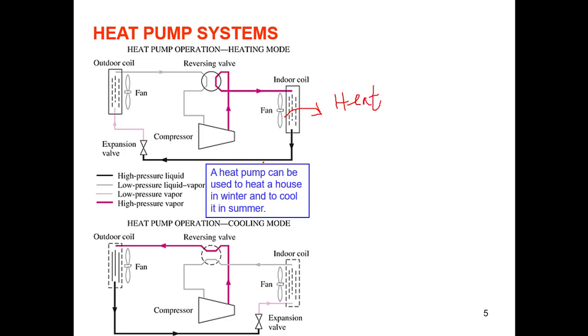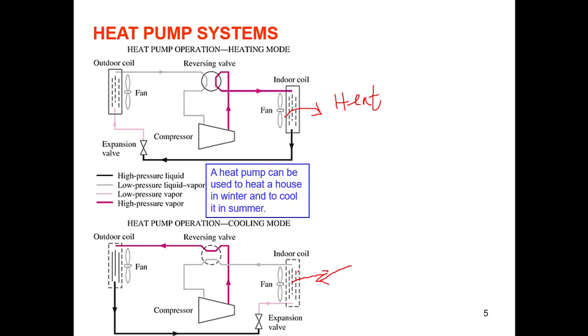But if we use a reversing valve, that reversing valve can change the direction of the flow of the refrigerant. So let's say the direction of the flow of the refrigerant is now this one. Now after the compressor, the coil is the condenser, and this indoor coil is now acting as the evaporator. Evaporator means it will absorb heat from the room, so the refrigerant will absorb heat from the room, or in other words, this is a cooling coil.